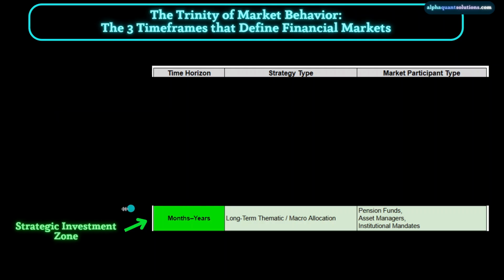Moving now to the next row within the strategic investment zone. So now we are dealing with strategies spanning from a few months to a few years in terms of time horizon. And what can we say about this row is that in this case, asset managers, pension funds, and large institutions operate in this horizon by building portfolios around slow moving and structural themes, like, for instance, the global energy transition, the rise of AI, artificial intelligence, or shifts in geopolitical power.